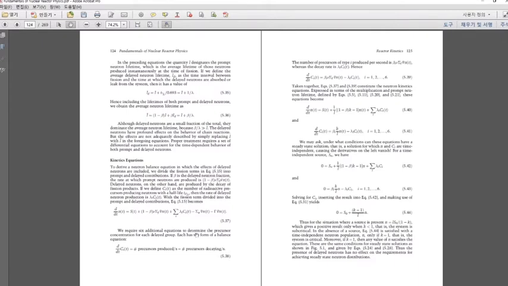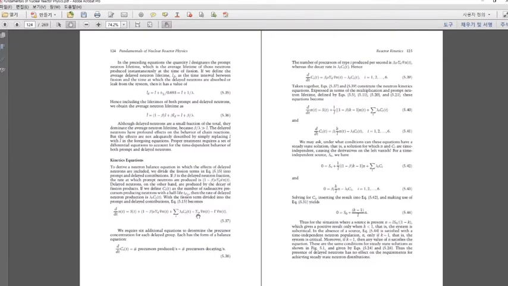Delayed neutrons are produced from the decay of precursors. When precursors decay, they emit neutrons, and they are the sources of those delayed neutrons. This summation is performed from i equals 1 to 6, because we divide precursors into 6 groups.